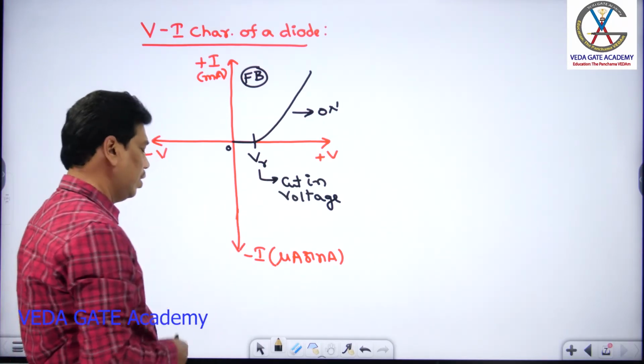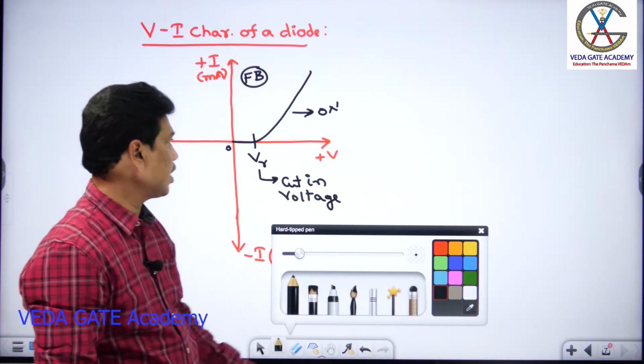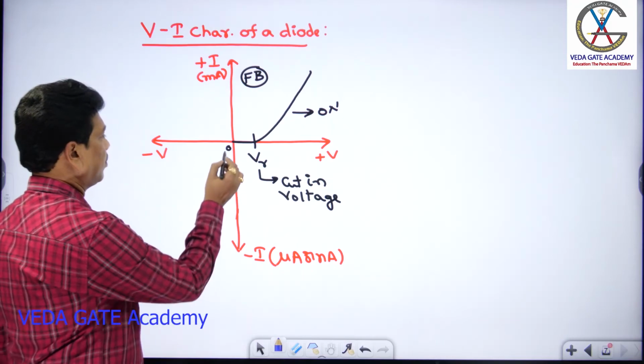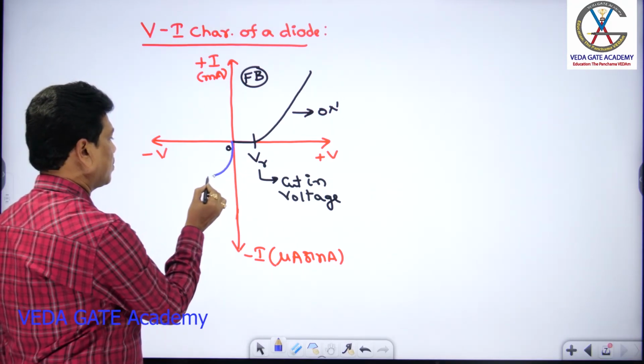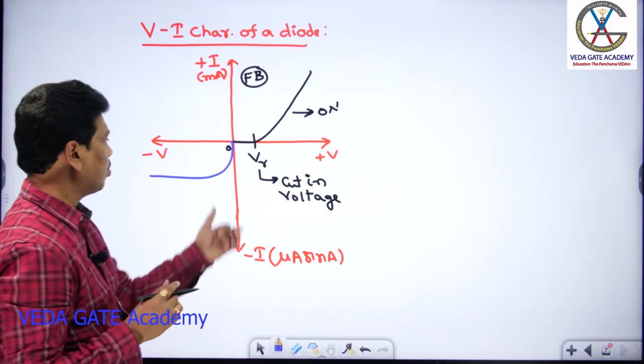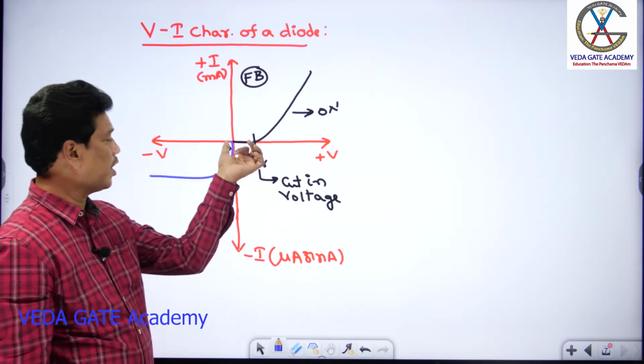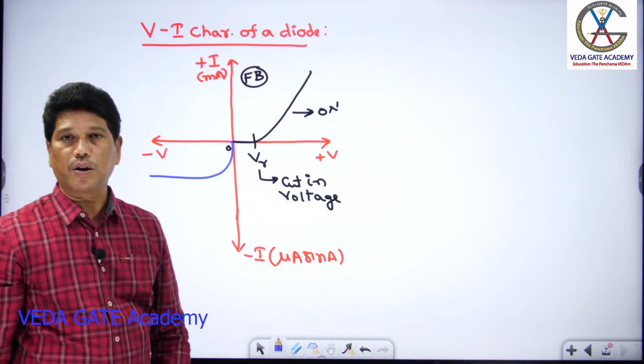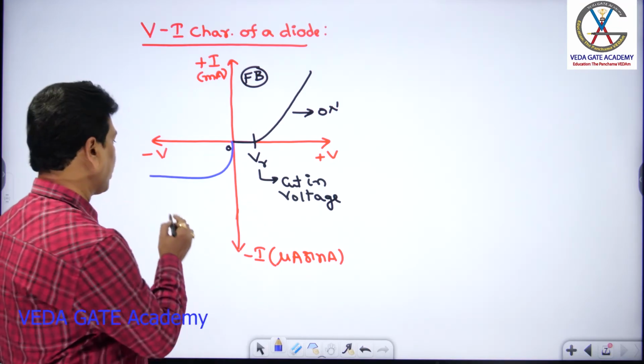In reverse bias, the current is mainly due to minority carriers and is negligible; it is mostly due to temperature and independent of voltage. Even though this current flows, it is negligible, so the diode in reverse bias acts as an open switch.